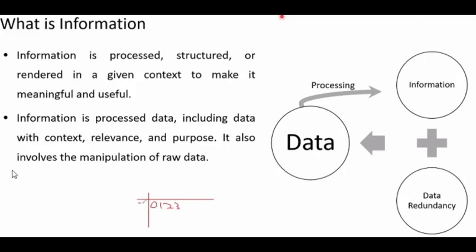So this one will be like ID, okay? And this will be like a number. So you put something like this, and you know, okay, number 0, 1, 2, 3 is the ID of which person and all this stuff. So you'll have some kind of table that makes sense. Data on its own is just 0, 1, 2, 3 or 0, 1, 3 or something like that. It does not make sense.